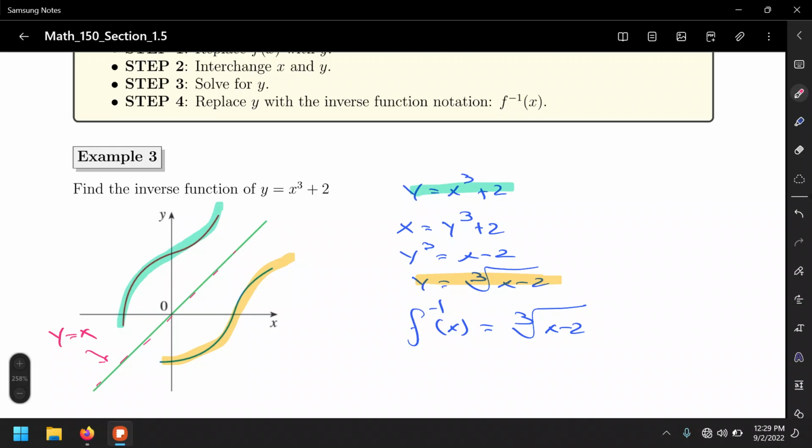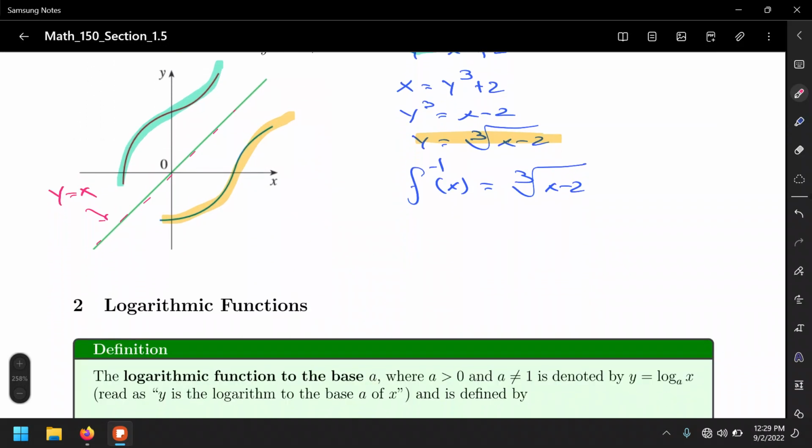Alright? Now, one quick note on notation. Be careful. This is f to the negative 1, but actually it's not f to the negative 1. We don't read it f to the negative 1. We read it f inverse. This is not equal to 1 over f of x. I know, because we have this negative 1 power symbol at the top of the letter f, but no, that doesn't mean it's reciprocal.